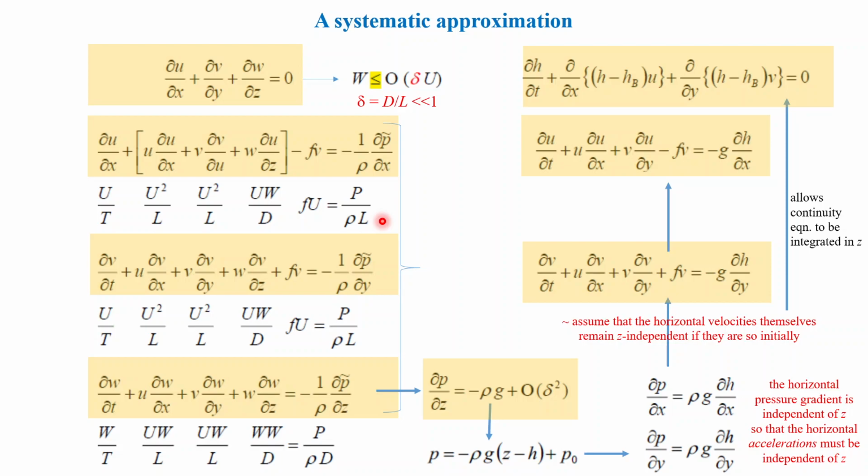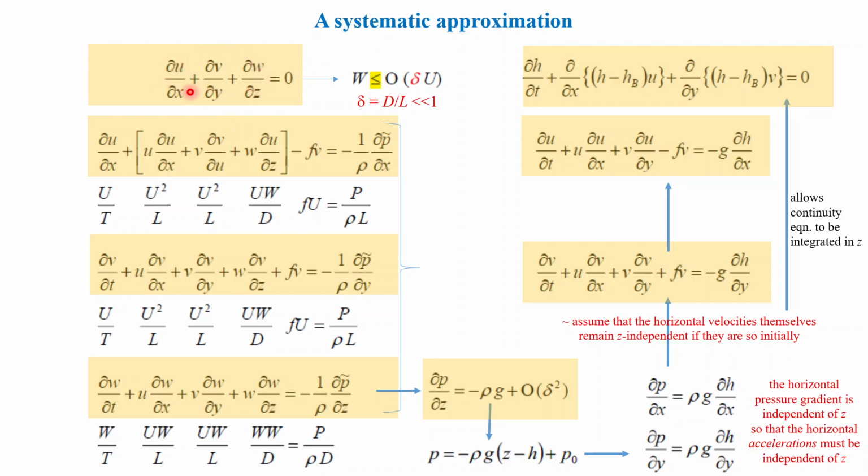Okay, so for the shallow water, the original equations are written on the left-hand side: the continuity equation, the zonal momentum equation, the meridional momentum equation, and the vertical momentum equation. In the textbook, it gives a systematic approximation. Here I only highlight the important steps.